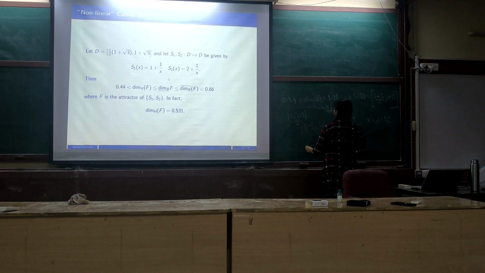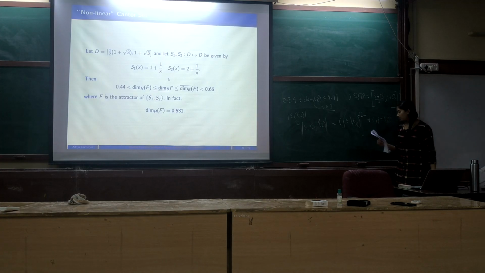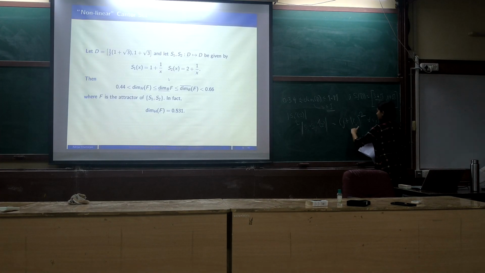When you try to compute the modulus of the derivative, you get j plus 1 by x power minus 2. Wait, I took z here, right?